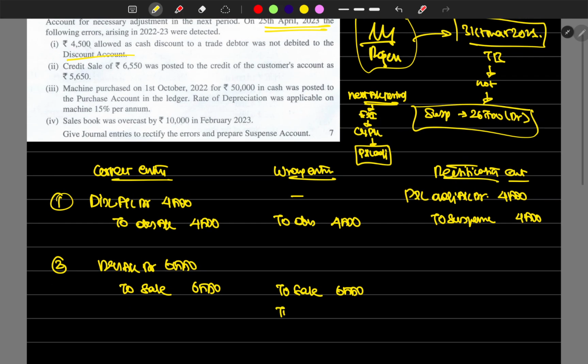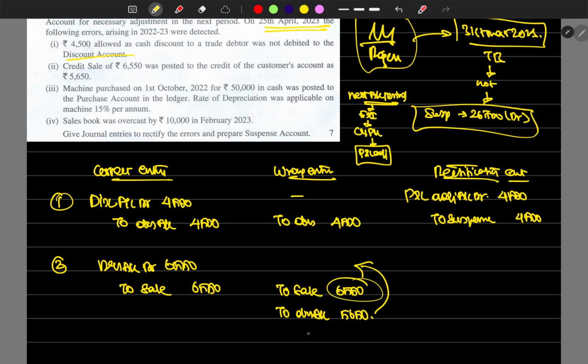So what we have to do here is debit the debtors account. They had to debit it, but they credited it, and even that with a wrong value. Now we have to reverse this value and add back the correct value.